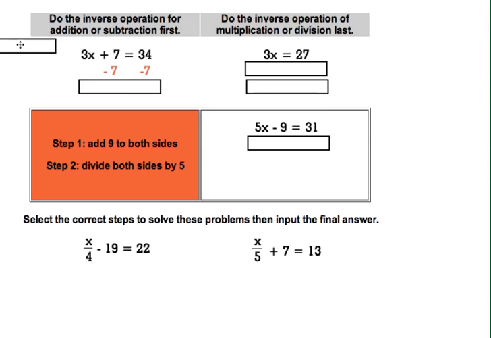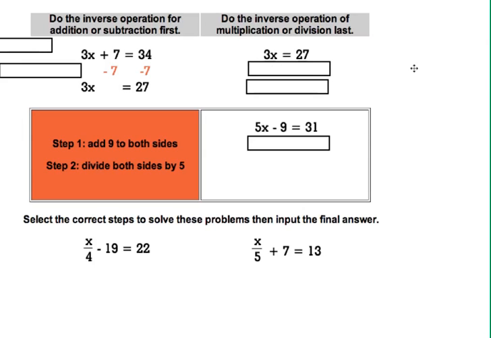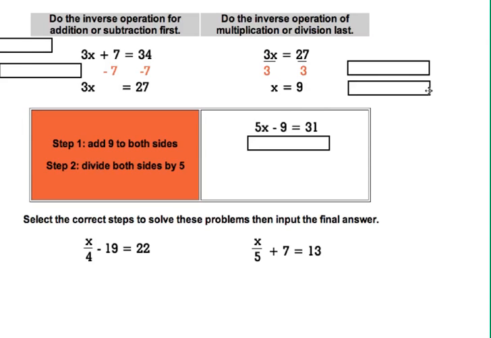If we subtract 7 from both sides, what we get remaining is 3x, because this is now 0, equals 27. Now we need to get rid of the 3. Well, that's 3 times x, so the opposite of times is divide. So we divide both sides by 3, and we get x equals 9. We have to make sure to check it. 3 times 9 is 27. 27 plus 7 is 34, so we are correct.